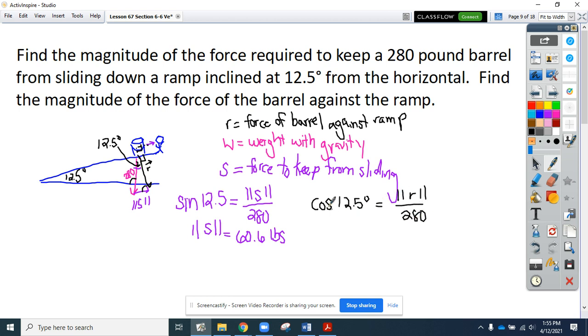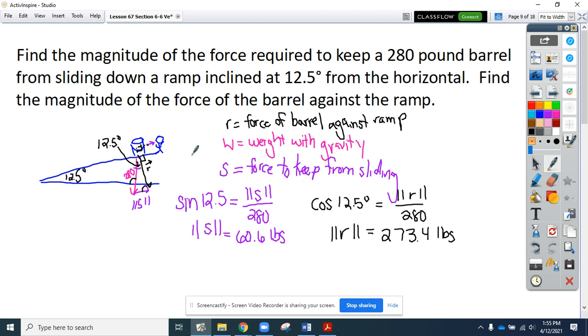Why is that? Because cosine of the angle is the adjacent over the hypotenuse. I plug that in my calculator and I get 273.4 pounds. And your homework's going to be in Pearson, so just make sure that you look for what they tell you to round to. I went to the tenths here.